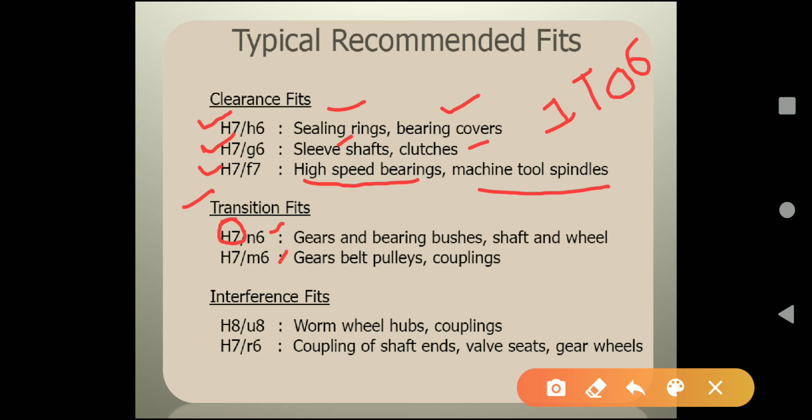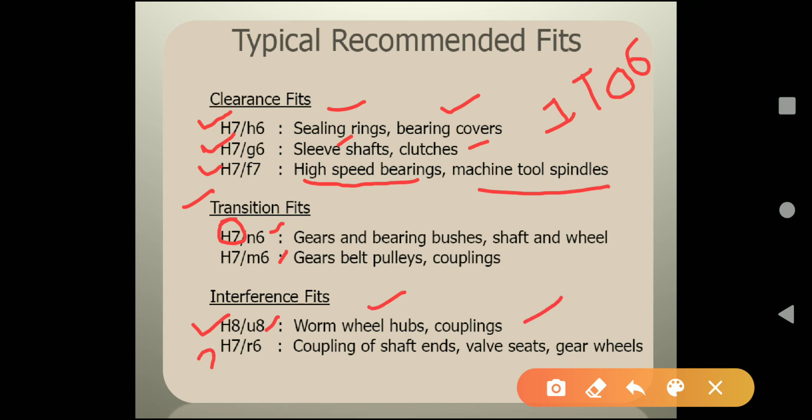Here finally you can see the interference fit. Then you can see here it is capital H8, that is the hole basis system, and these are used in combination with small u8, which shows the IT grade of a shaft, the tolerance zone of a shaft. Applications are worm wheel hubs, then couplings.